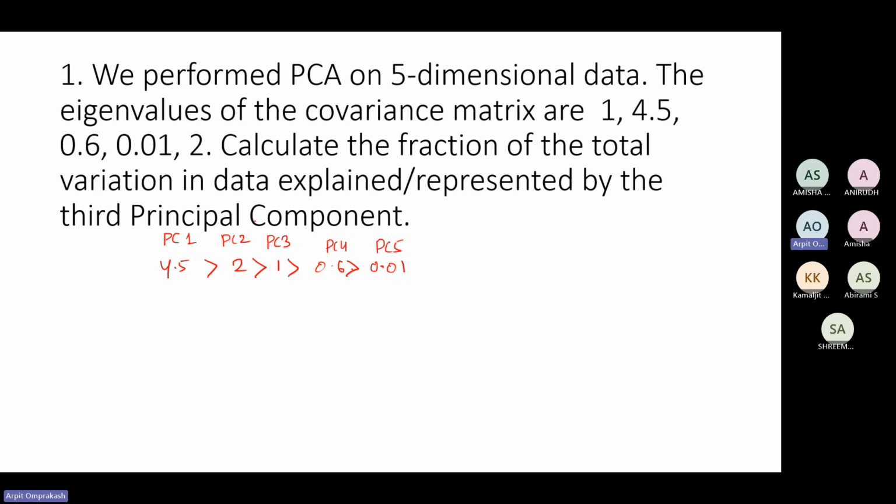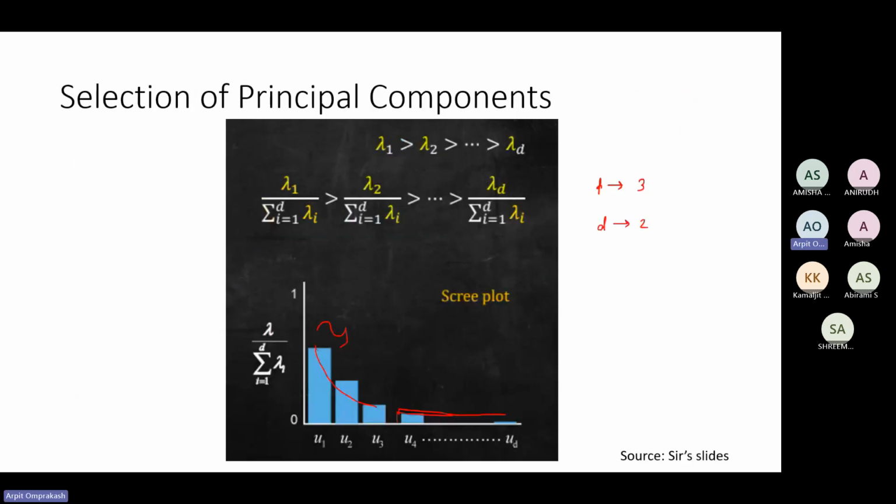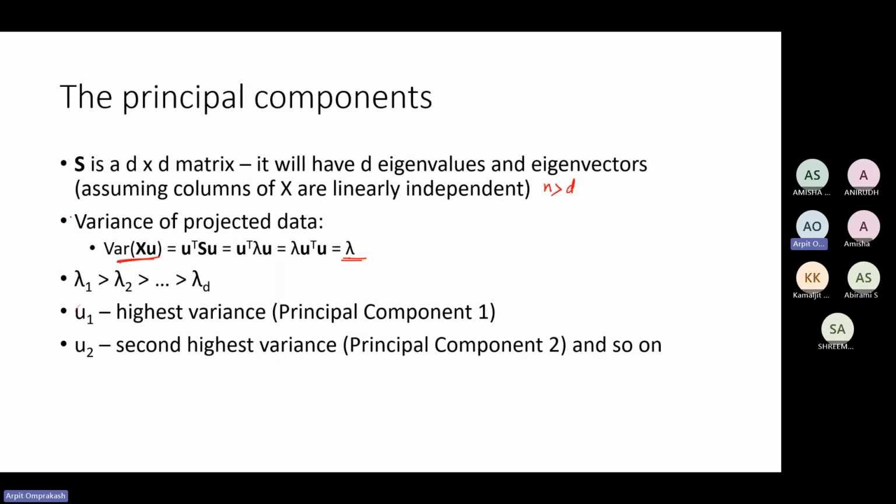What we want is the fraction of total variation in data explained by the third principal component. The variation explained by a principal component is given by its eigenvalue. As we saw before when talking about PCA, the variance explained by a given eigenvector is given by the corresponding eigenvalue.